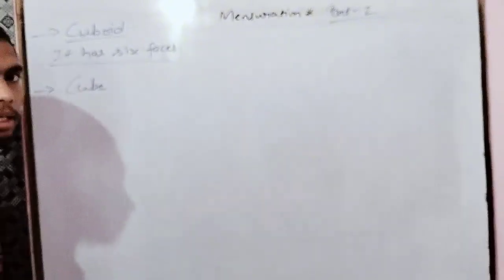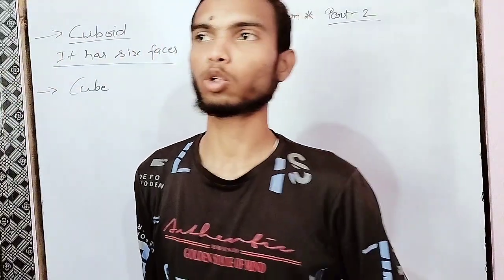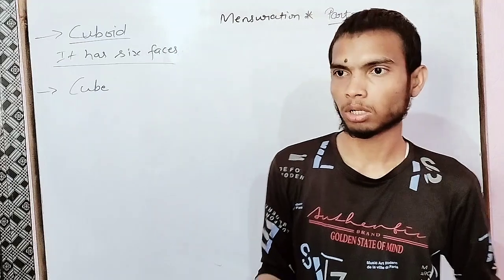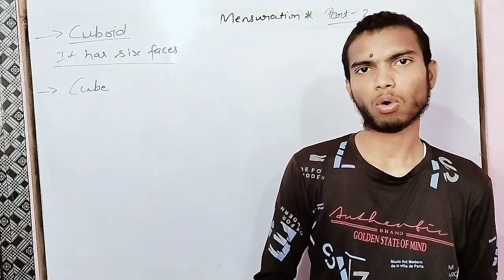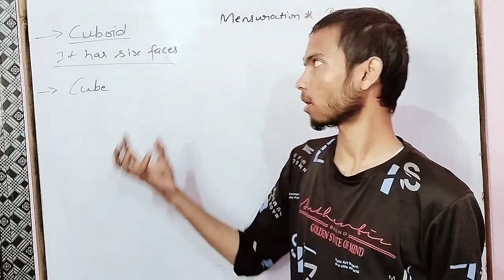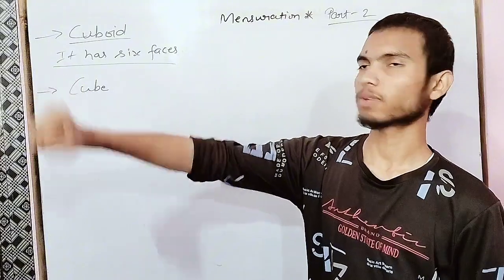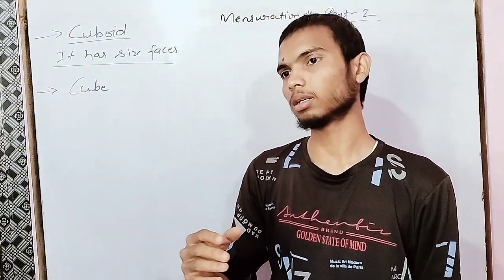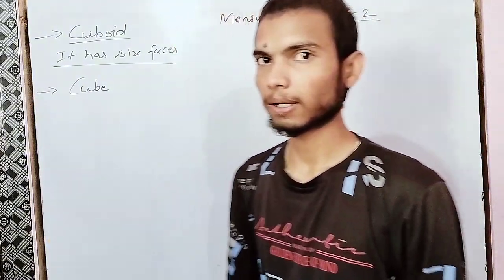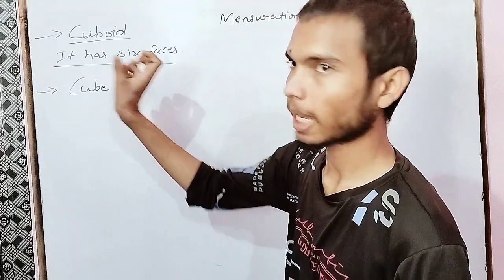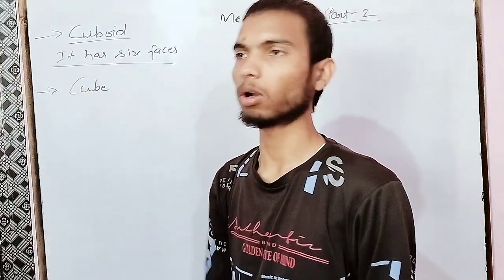Now, what's the difference between a cube and a cuboid? Here, all 6 faces will be in the shape of a rectangle. That happens in the figure of a cuboid.